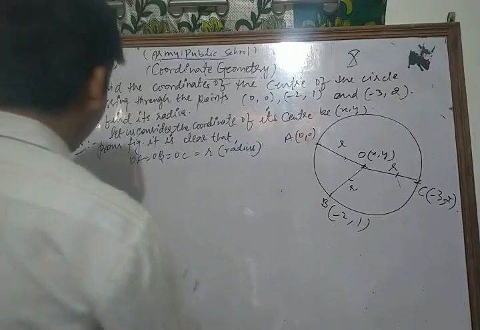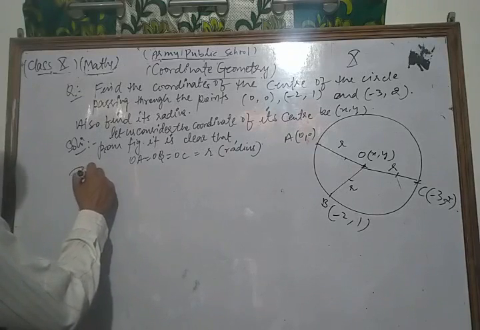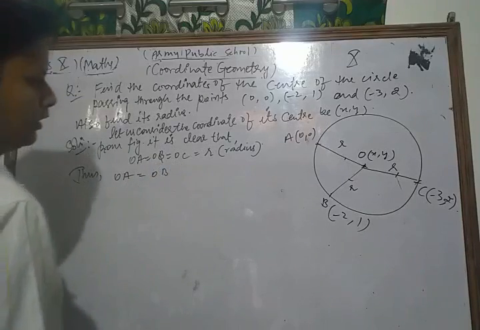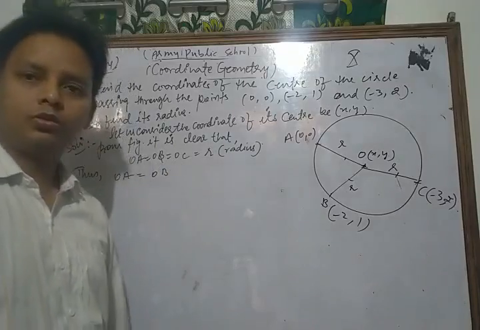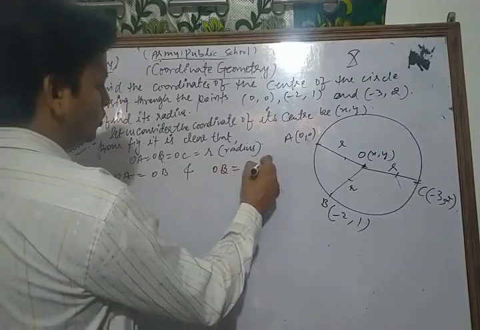First of all, we take distance OA equal to OB, and then we take distance OB equal to OC.